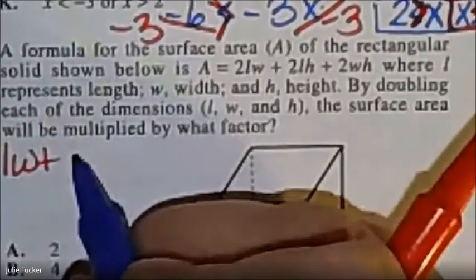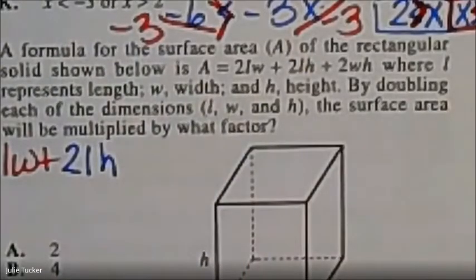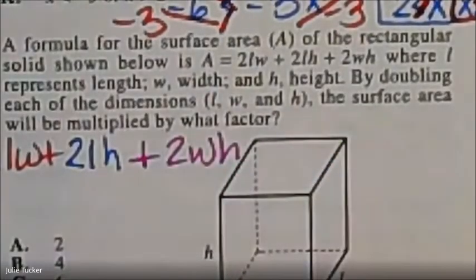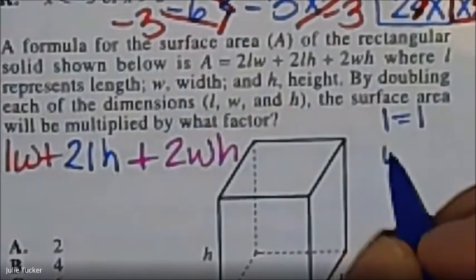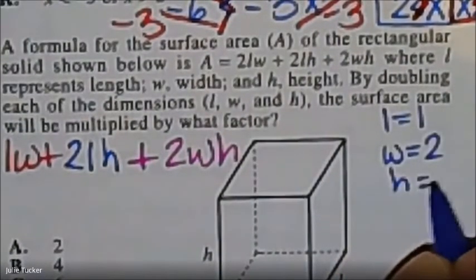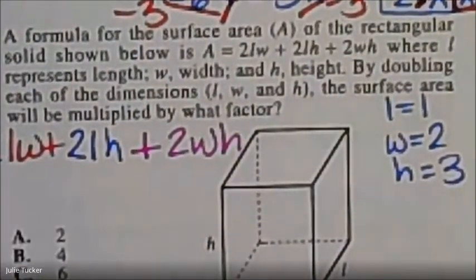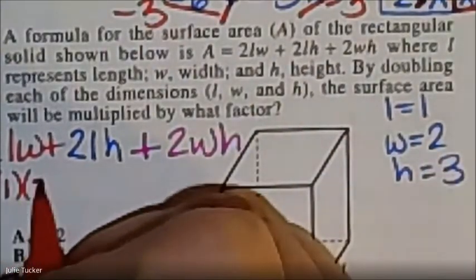We can make up numbers and watch what happens. So let's say that the L is 1 and the W is 2 and the H is 3. Then when we go to work this out, 2LW would be 2 times 1 times 2.